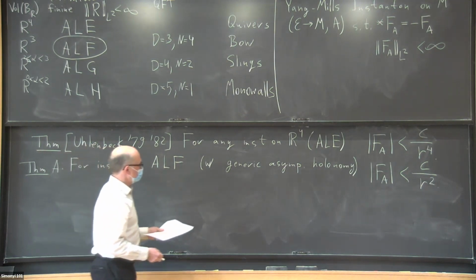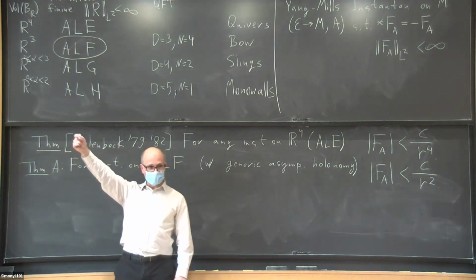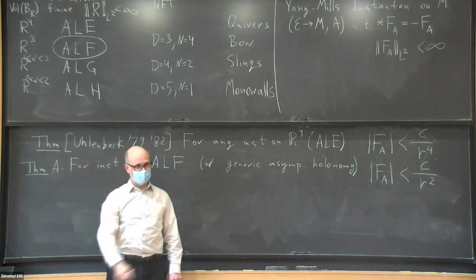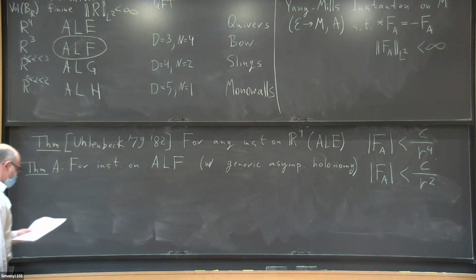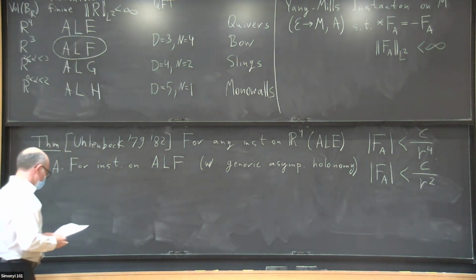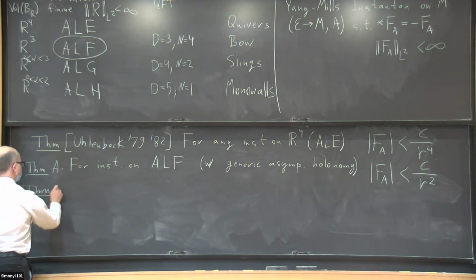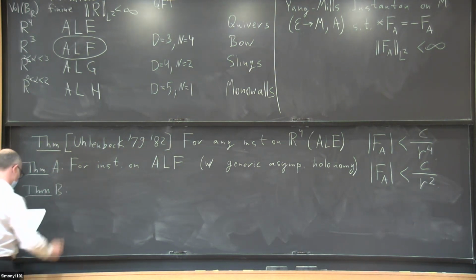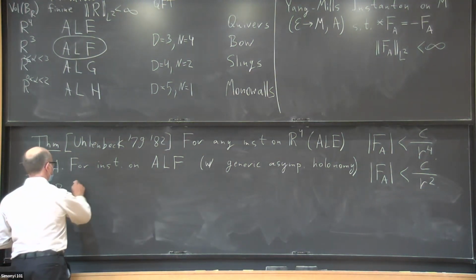Another result we proved is that if there is such a direction, then in fact this conjugacy class is the same in any other direction. This limit exists in any other direction, and it's the same conjugacy class. So in particular, if you have any instanton connection, then there exists a local plane.